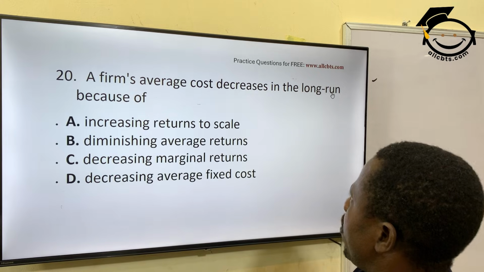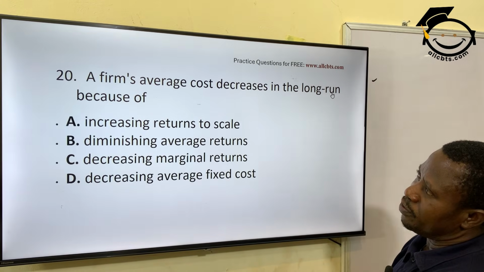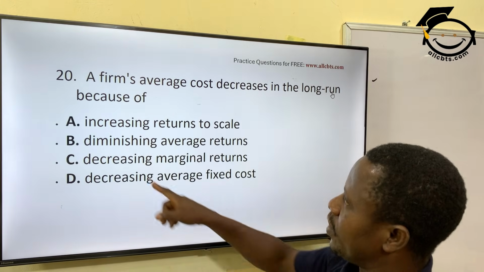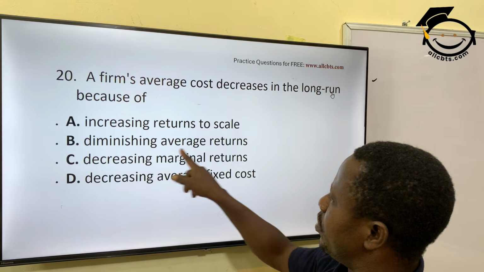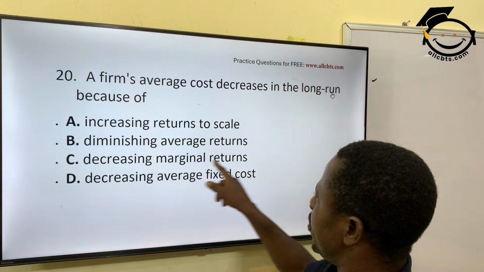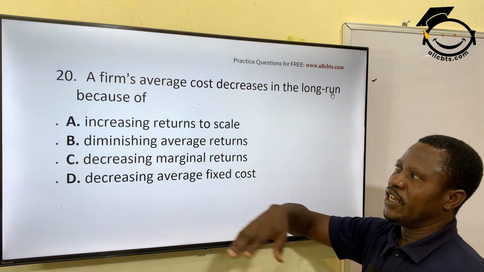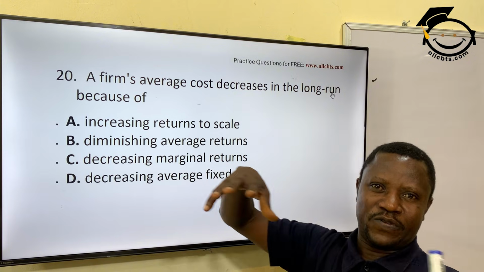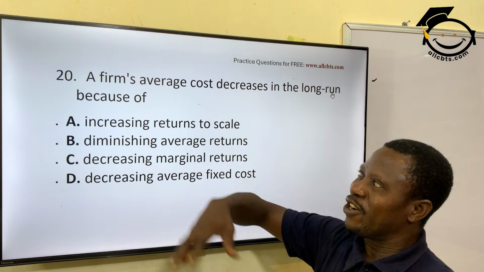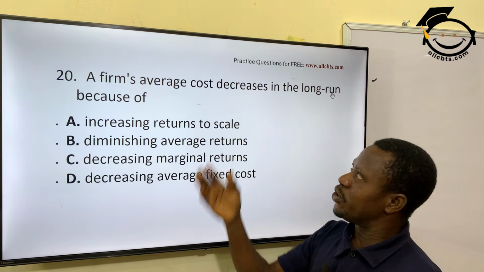A firm's average cost decreases in the long run because of: increasing returns to scale, diminishing average returns, decreasing marginal returns, decreasing average fixed cost. There's an increasing return to scale, which is the benefit you get in the long run. Your average cost will keep decreasing.